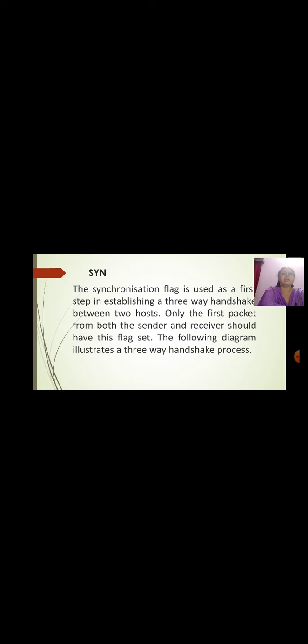The following diagram illustrates the three-way handshake process, which we have discussed earlier. Now, ACK. The acknowledgement flag is used to acknowledge the successful receipt of a packet. It shows the successful receipt.